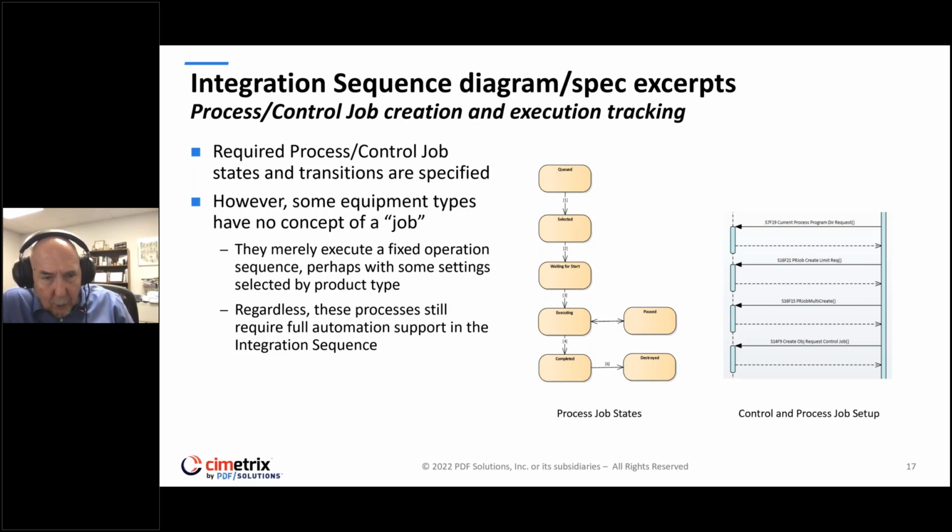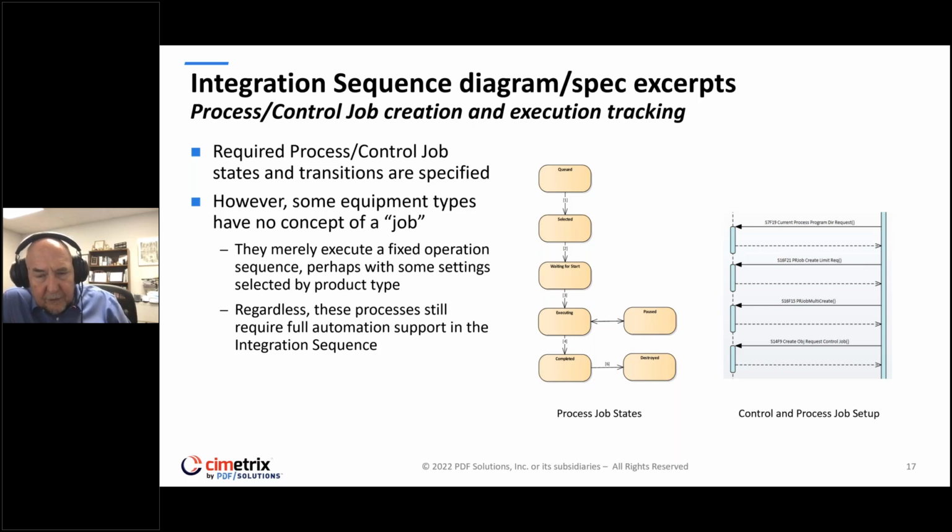So even equipment types that don't have a concept of a job need to implement, let's say, a simple job according to these messages, so that the interactions will resemble a more complex equipment and not have to be handled by special cases.